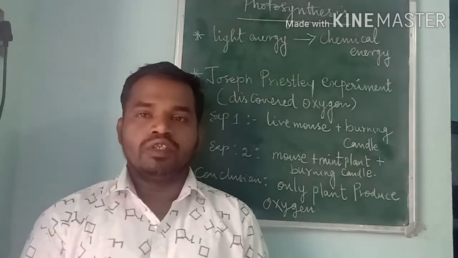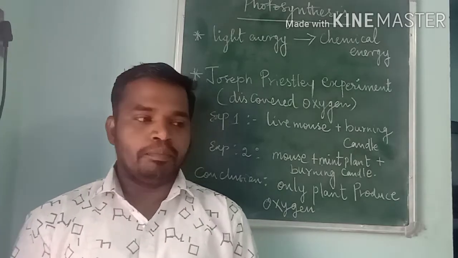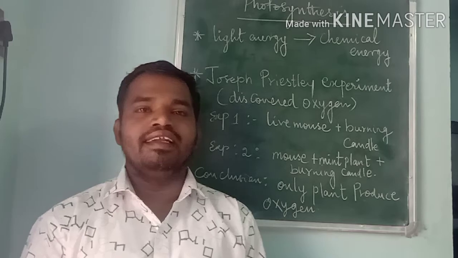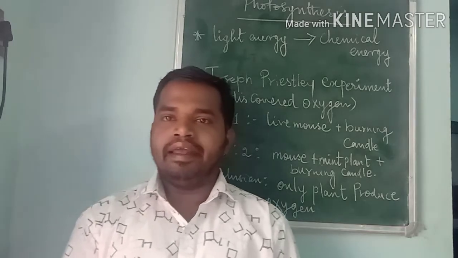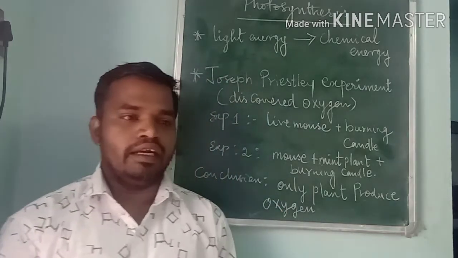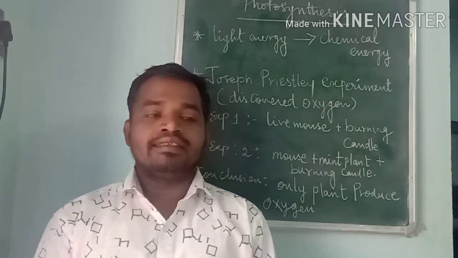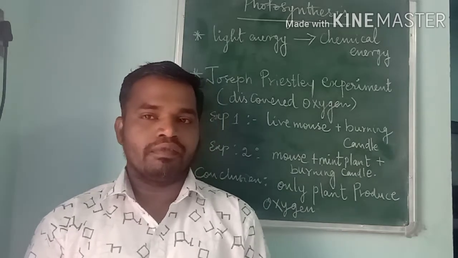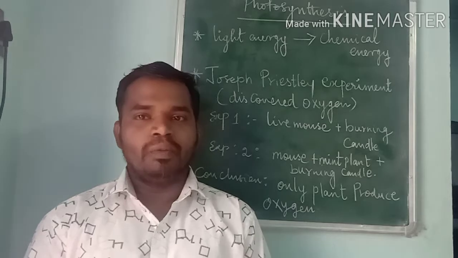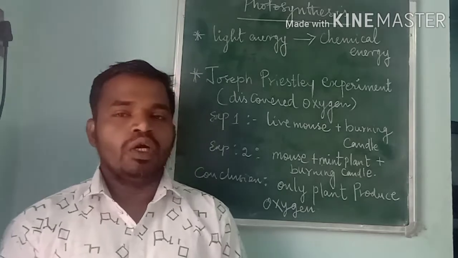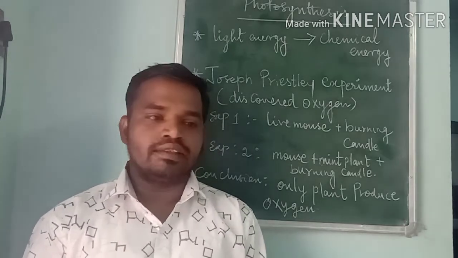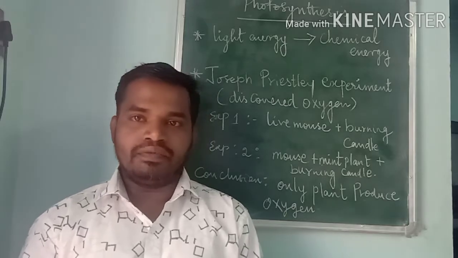We might have conducted, in our early classes, 8th, 9th or 10th standard, a test for starch in the leaf. You might have used iodine solution to test for starch in the plant leaf.